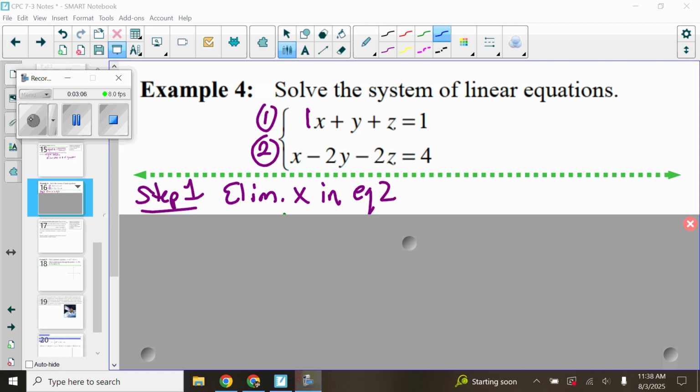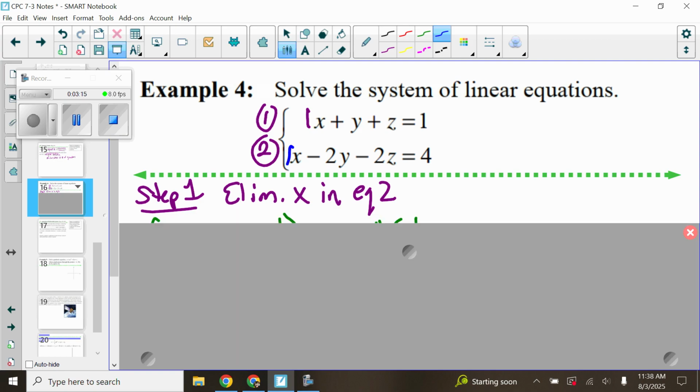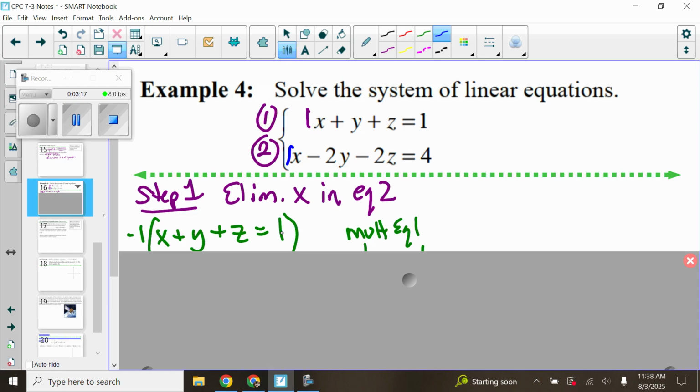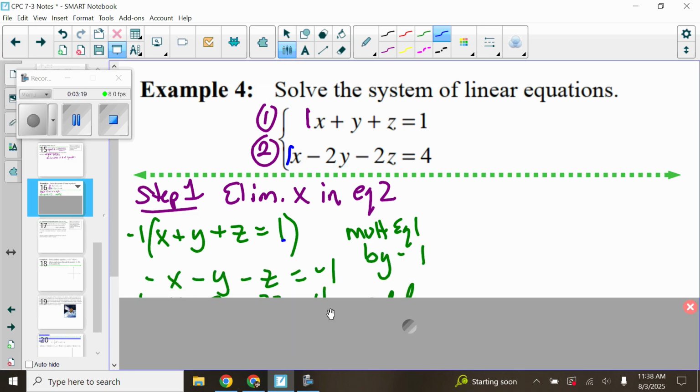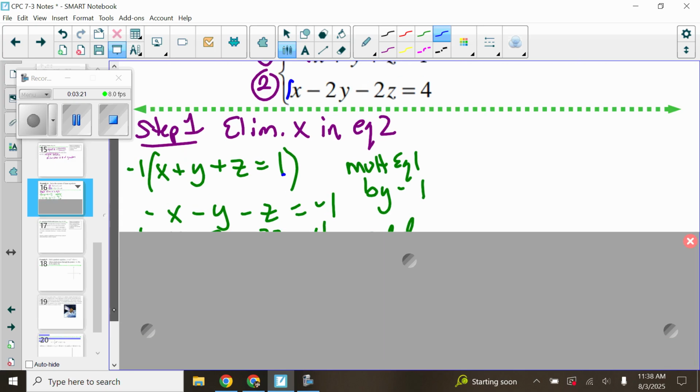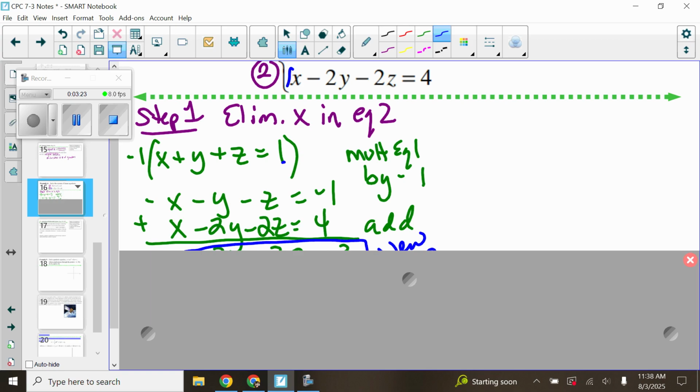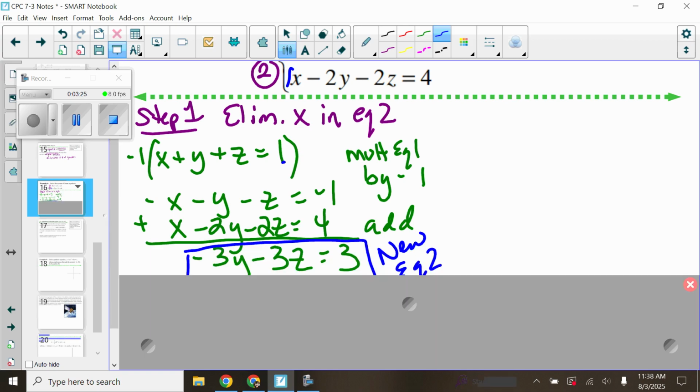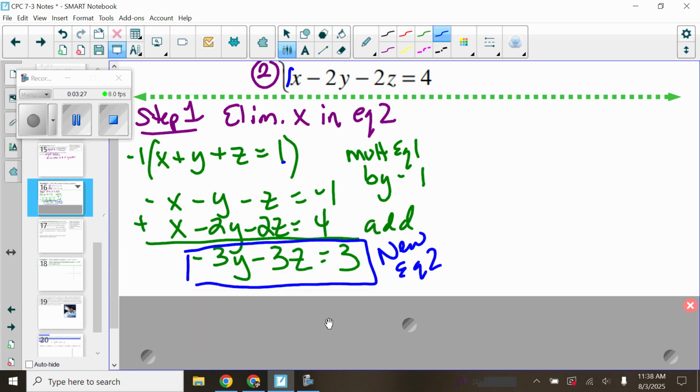Alrighty, so to eliminate x in equation 2, I noticed that they are already 1, so I just need to make them opposites. So I multiplied equation 1 by -1. So I'm going to multiply everything. Don't forget the constant on the other side. That gave me opposites for everything. And then I went ahead and added that to equation 2. So add, and then we have our new equation 2. Double check my arithmetic there.